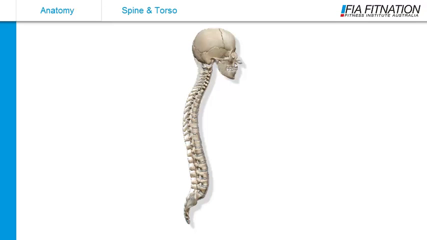So the spine works similarly to a toy snake we might remember from our childhood. If you remember those toy snakes that have multiple segments, and you would hold the tail of the toy snake and its head and the body would wave around, those toy snakes represent a pretty good example of how the spine works, in that intersegmental movement between each segment of the toy snake or the vertebrae in this instance is somewhat limited.